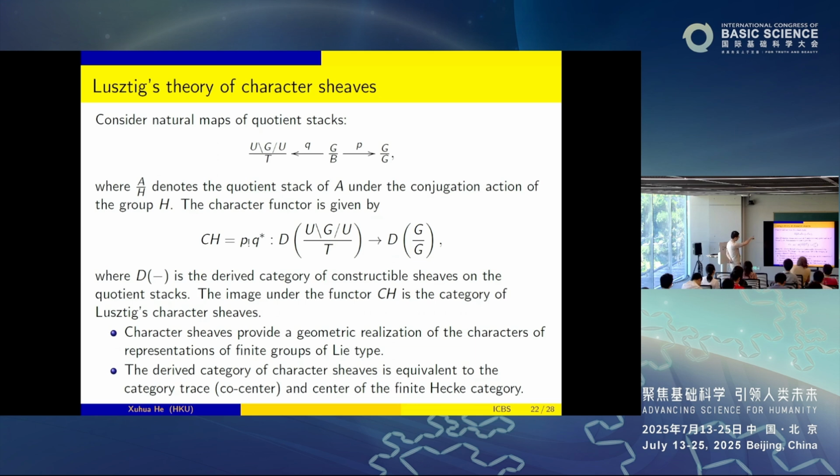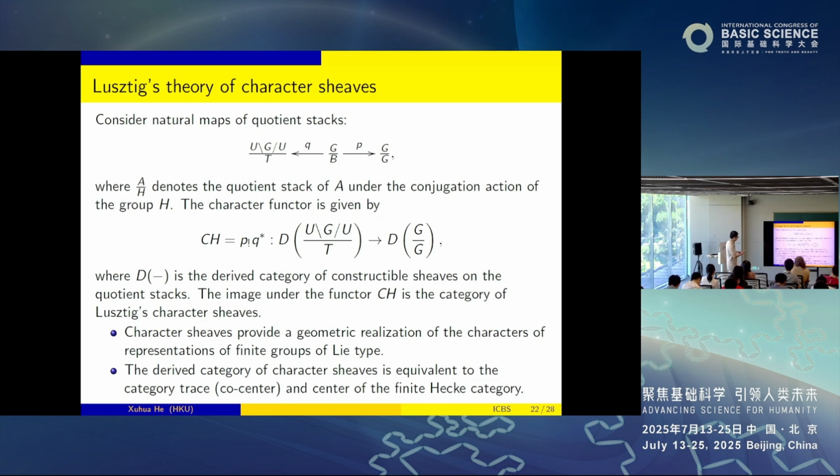And in the middle, this is not the flag; the flag is G over B, with B on the right. So this is G quotient by B by the conjugation. And on this side, this is the universal finite Hecke category.